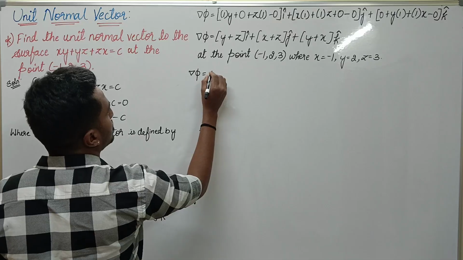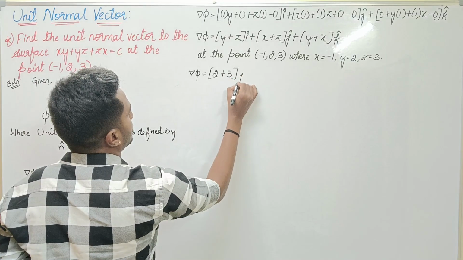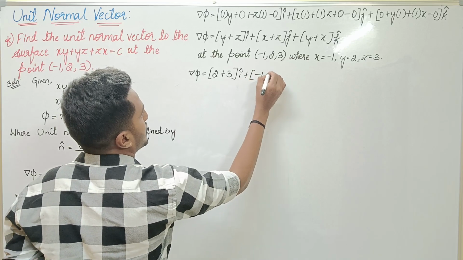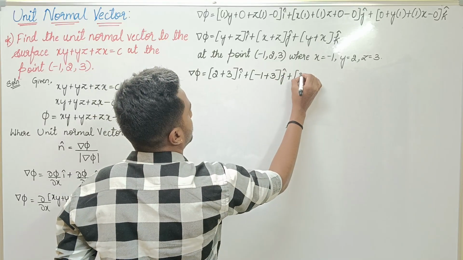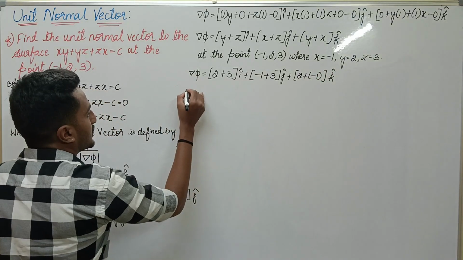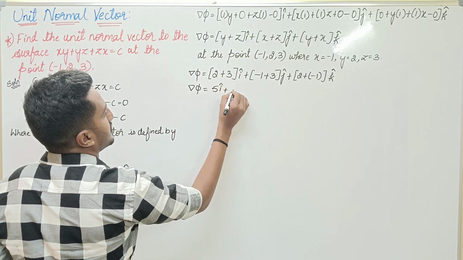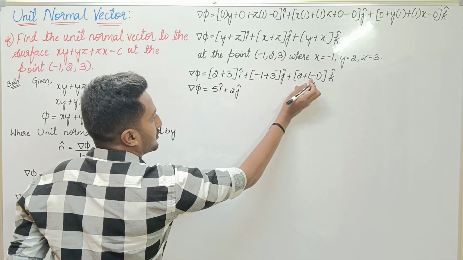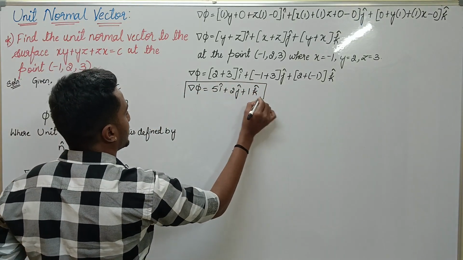Gradient phi equals (2 plus 3) i cap plus (minus 1 plus 3) j cap plus (2 minus 1) k cap. That is 5 i cap plus 2 j cap plus 1 k cap. This is our gradient phi.